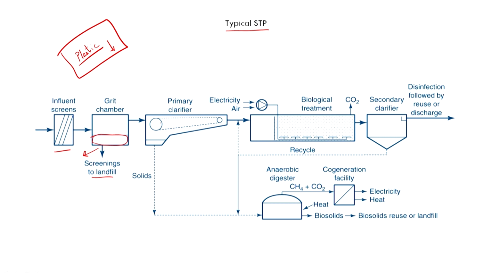Primary clarifier. Typically in wastewater, they do not go for coagulation and flocculation, because if you do so, a lot of the organic matter is going to settle down, some soluble matter adsorbed onto the sediment, and a lot of the sediment is going to settle down.